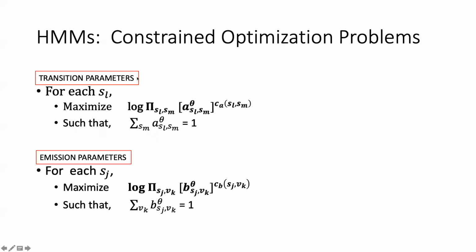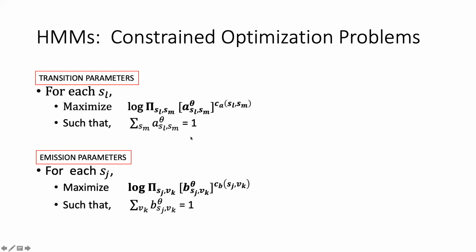For transition parameters, this is the objective function, the log of the product of the terms involved with transition parameters and the corresponding counts, using the constraint over the transition parameters. And similarly for emission parameters, we can define the objective function and the constraint over the emission parameters.